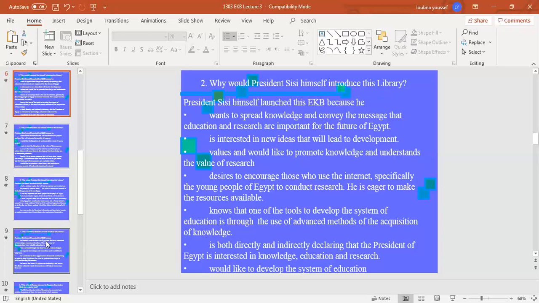President El-Sisi himself launched this EKB because he wants to spread knowledge and he wants to convey the message that education and research are important for the future of Egypt.